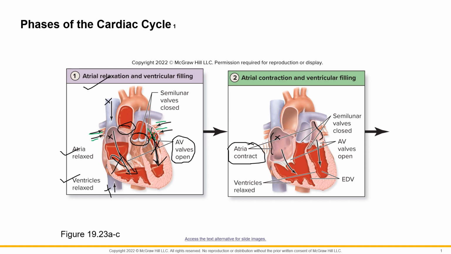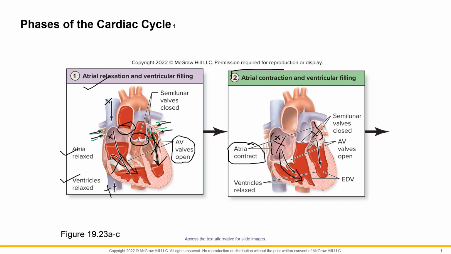When that happens, the atria squeeze, so the volume of each atrium decreases, the pressure inside each atrium increases per Boyle's law, and blood is pushed from an area of high pressure, which is in the atria, to an area of low pressure, which is the ventricle.